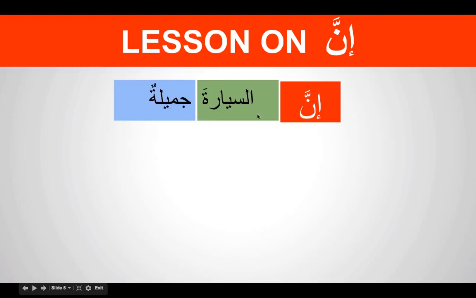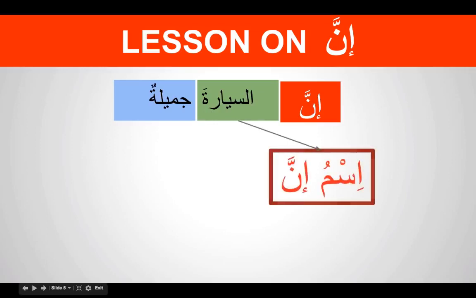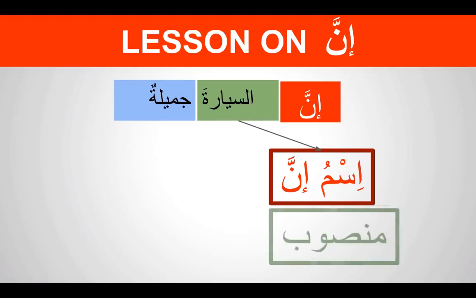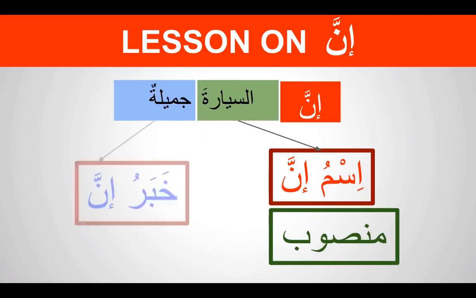What is this word which has turned itself into a mansoob? It's called ismu inna. Whenever you have inna, we will have what is called ismu inna, which will always be mansoob, ending with a fatha. And jamilatun is called khabar inna.